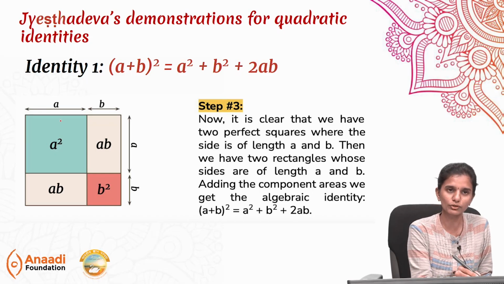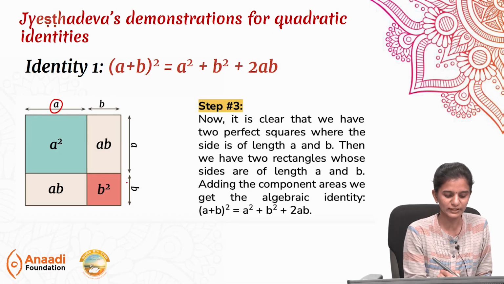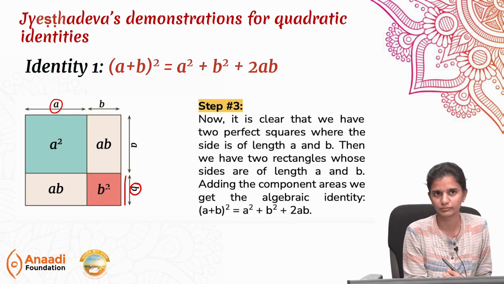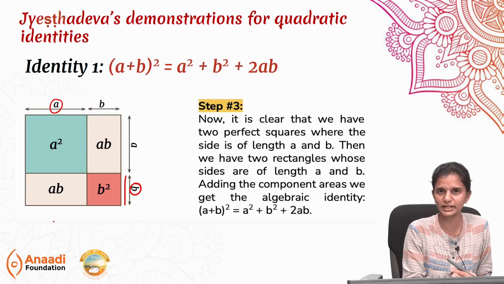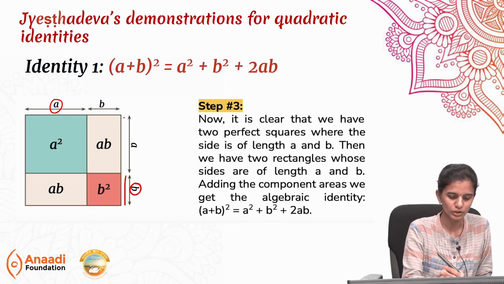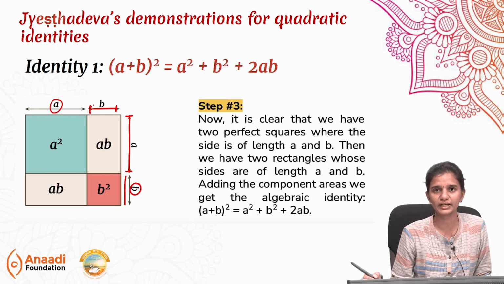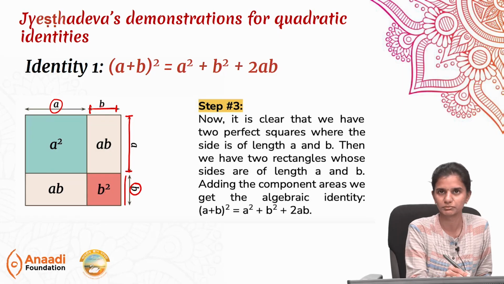Now we see that we have got 2 squares here, right? The length of this square is a, so the area would be a square, and the length of this square is b, so the area for this square would be b square. And we have 2 rectangles here, right, which have the sides a and b. What is the area of a rectangle? It is the product of 2 sides, which will be ab.